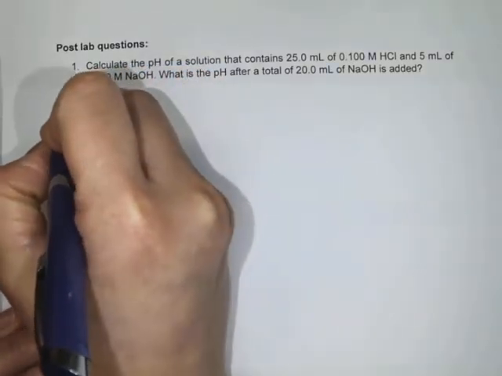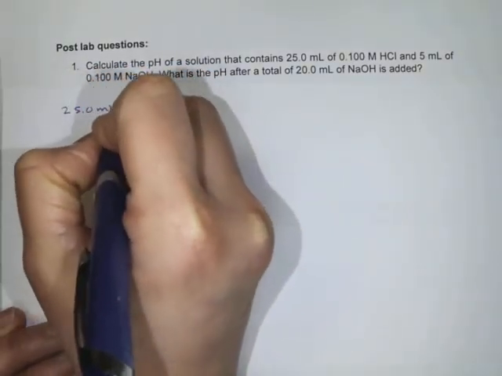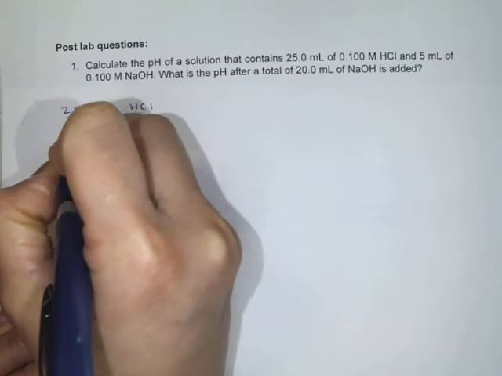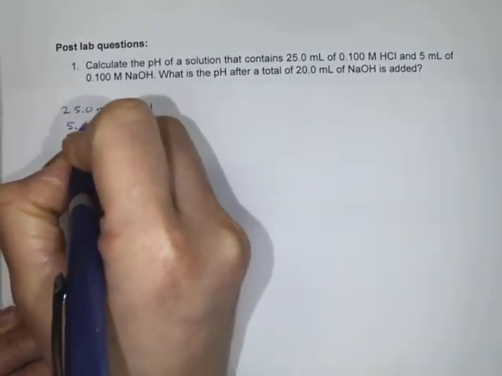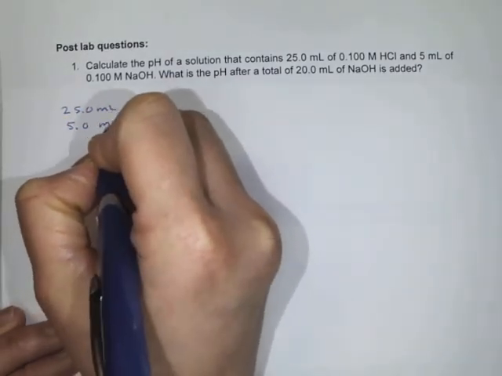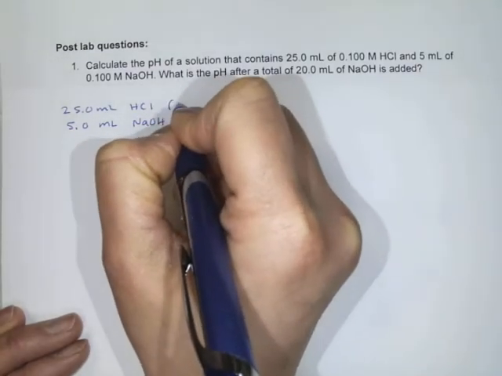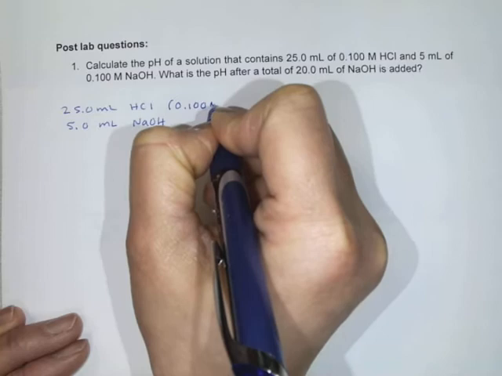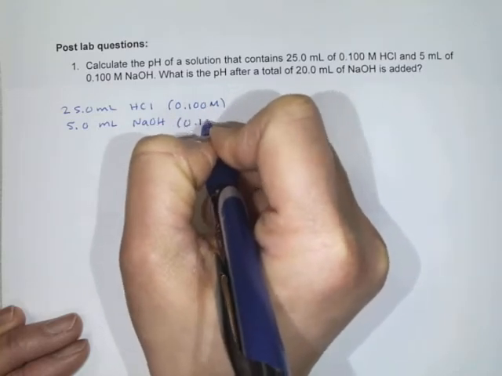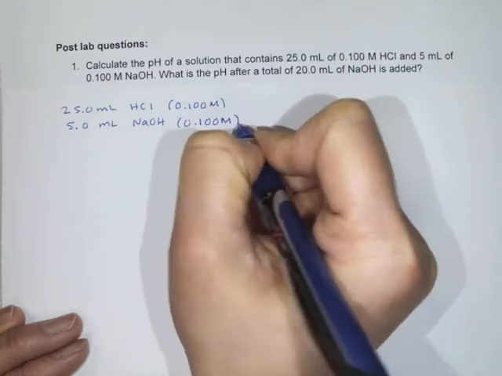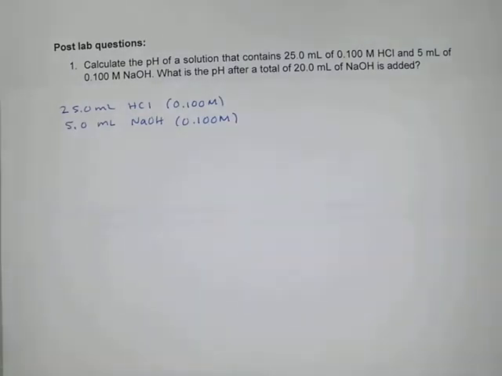So we have 25.0 mils of HCl, and 5.0 mils of NaOH. This is 0.100 molar. All right, so they have the same molarities.